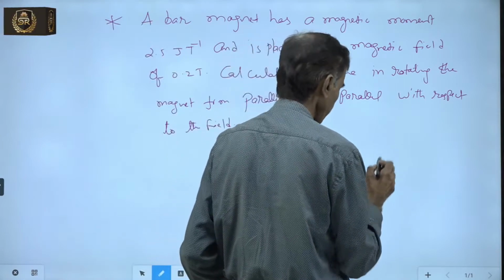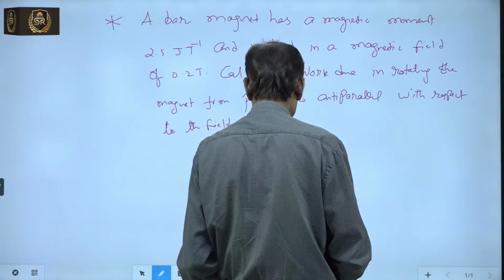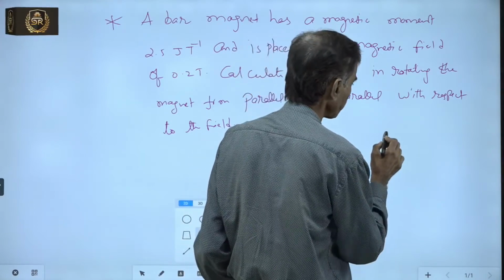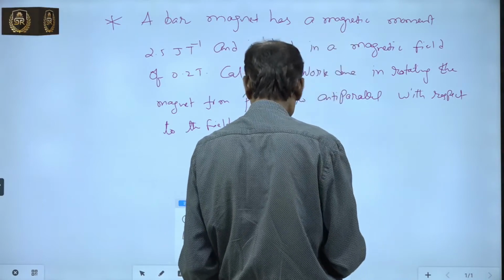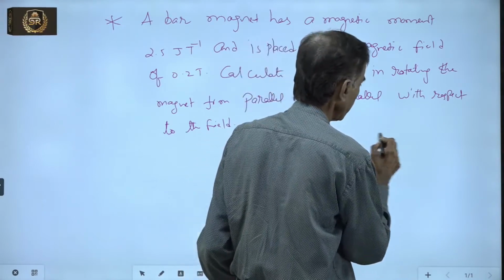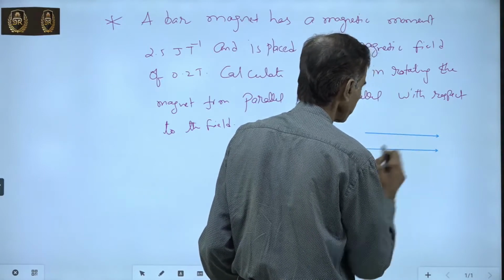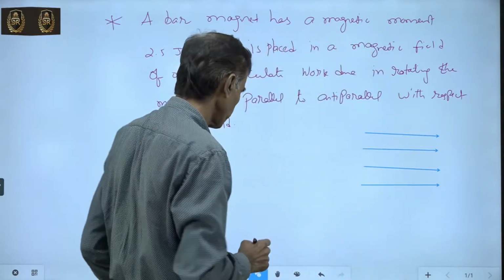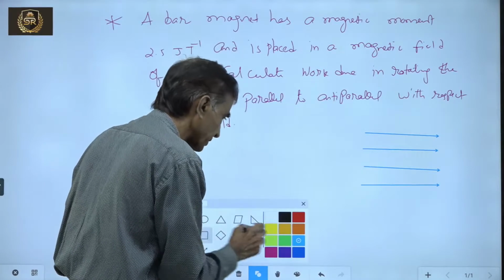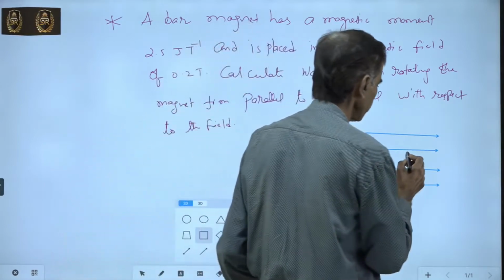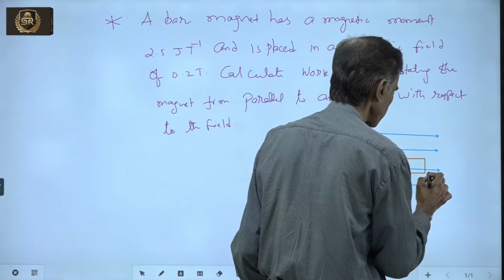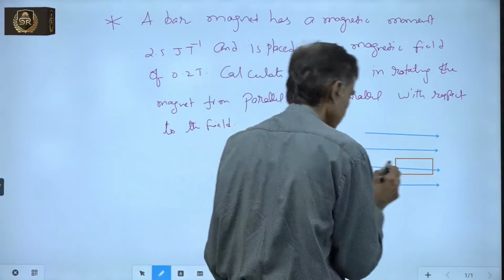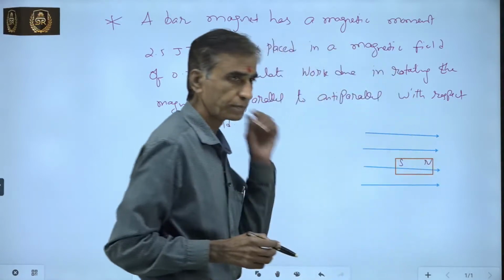What is the first one? See the magnet initially. This is the magnetic field. Whenever nothing is mentioned, it is a uniform magnetic field. Initially it is parallel to the field, which means here this is south pole, this is north pole.